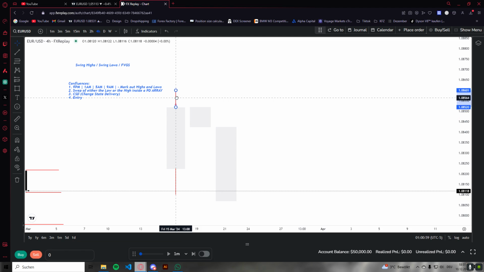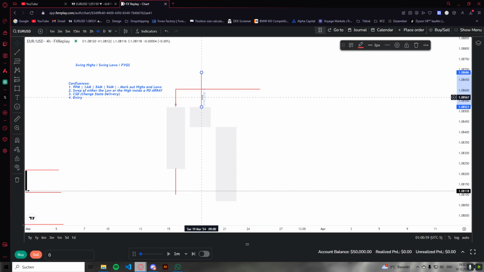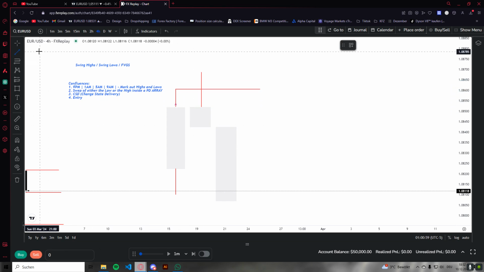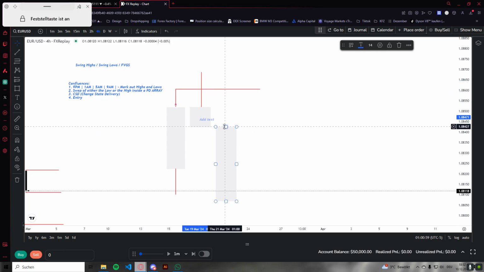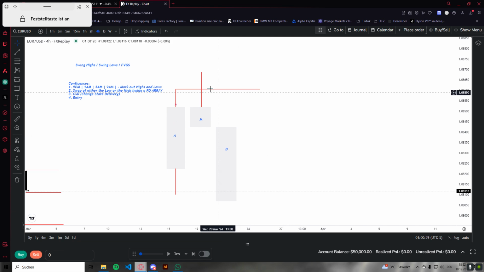So let's make it like that. That's the distribution. As you can see, it's with the high, but closed inside. So that's the manipulation, that's accumulation, that's the distribution.